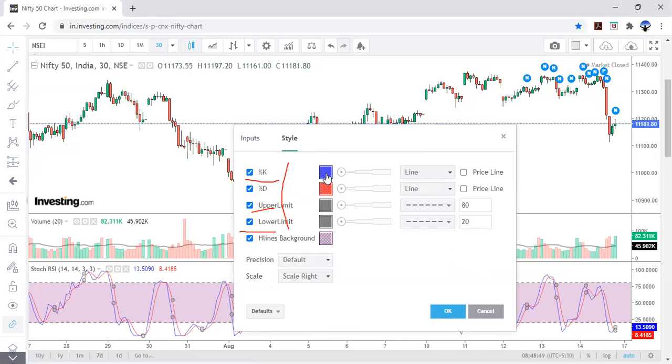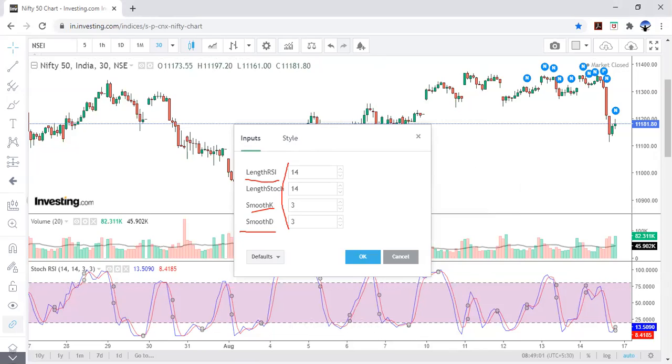You can see percentage K is blue and percentage D is red.